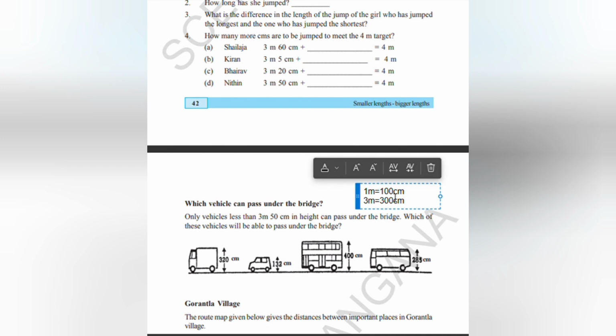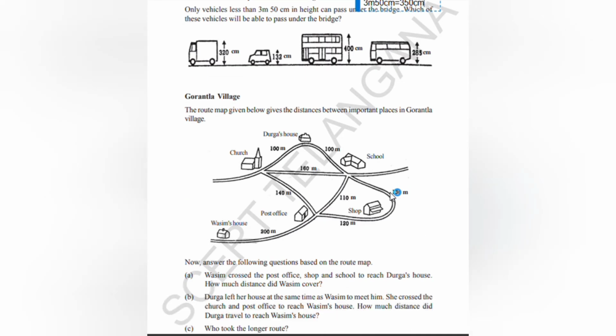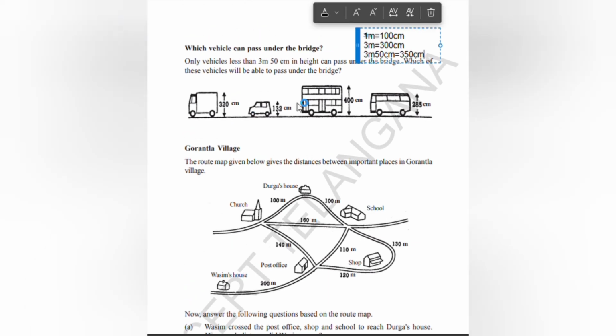So what is the meaning of 3 meter 50 centimeter? That's equal to 350 centimeter. Okay, clear? Which vehicles will be able to pass under the bridge?